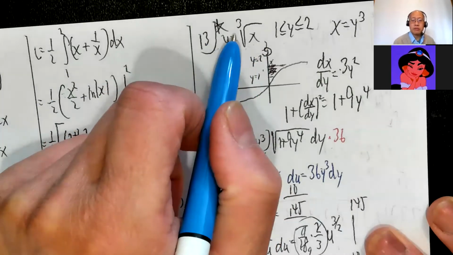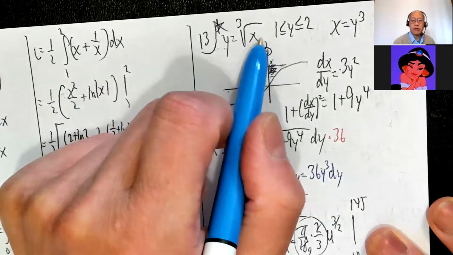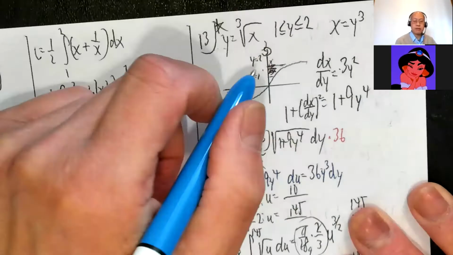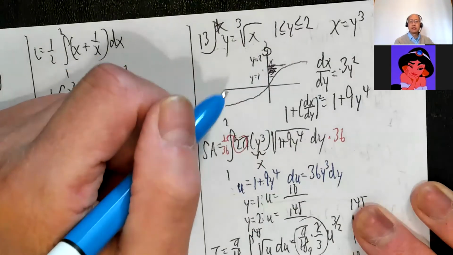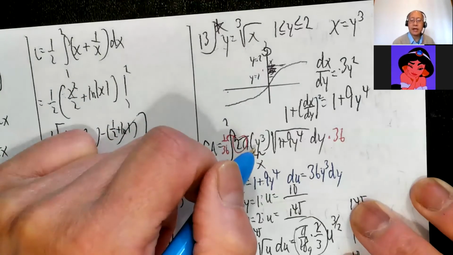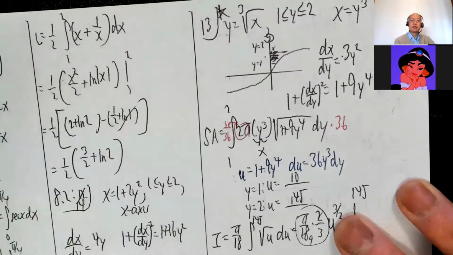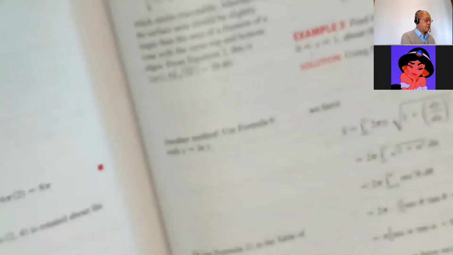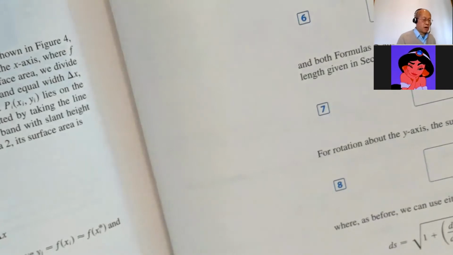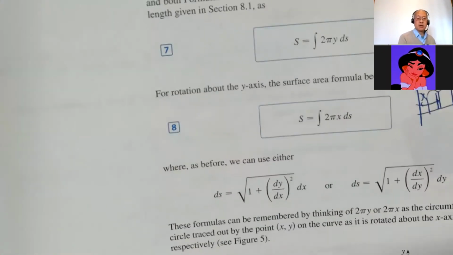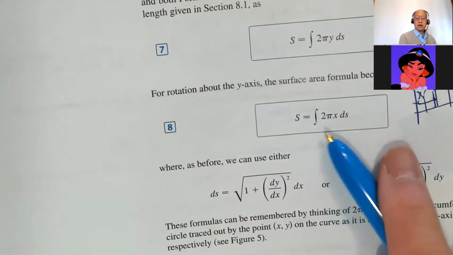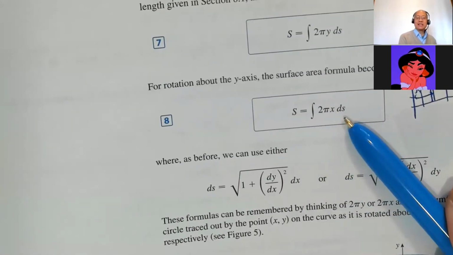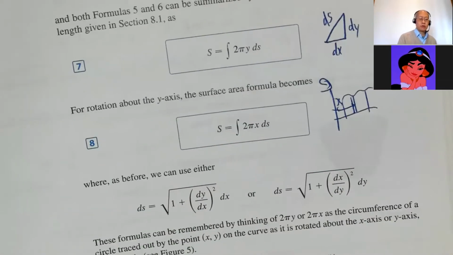So y equals cube root of x, y between 1 and 2, and this time you're spinning it about the y-axis. So that means I'm integrating 2 pi x. Remember, if you revolve about the y-axis, integrate 2 pi x, and then ds, which can have either this form or this form.